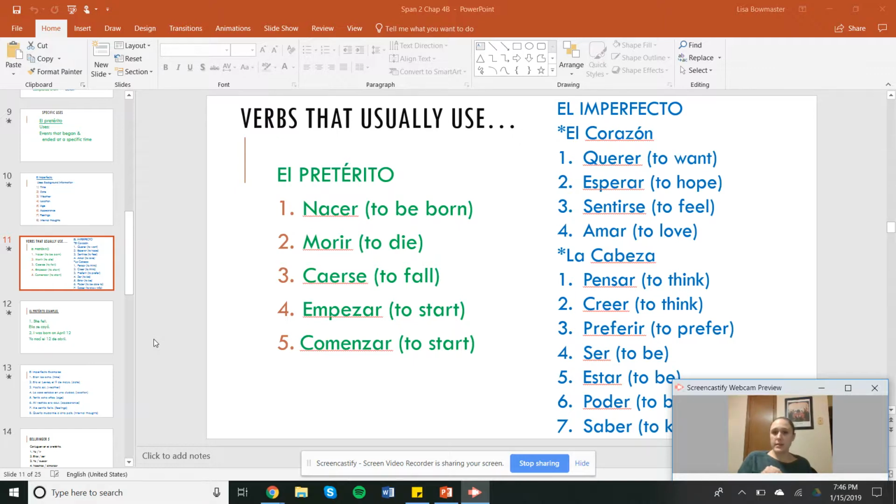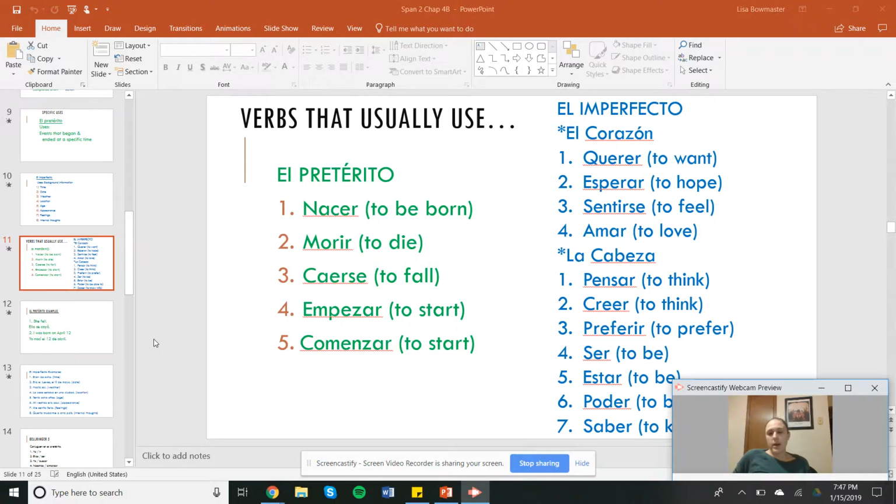Now the imperfect, again, is a little more here and there and kind of happening in the past, and maybe it's not, or maybe it starts, or maybe it stops. We don't really know. We also don't really care. So here's what I did to help me remember the imperfect. For the verbs in mi corazón, in my heart, I put a heart by them because they're things I feel in my heart. So el corazón, heart, is where I drew those hearts.